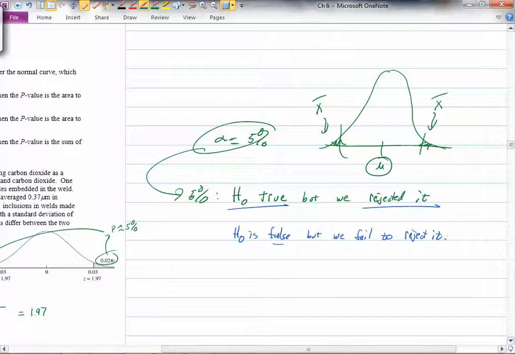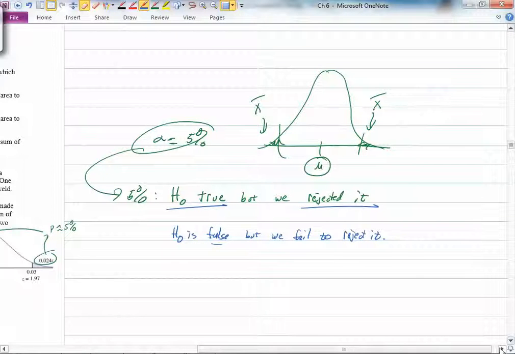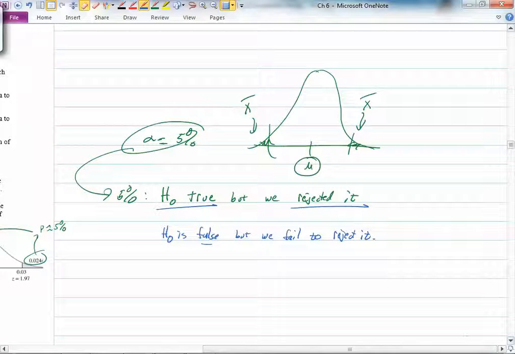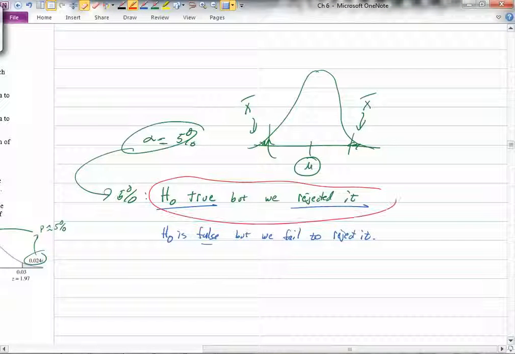So what we're doing in statistics is we're trying to balance these two mistakes. And we're going to put some numbers to these statements. We're going to call this type 1 error, sometimes called alpha error.